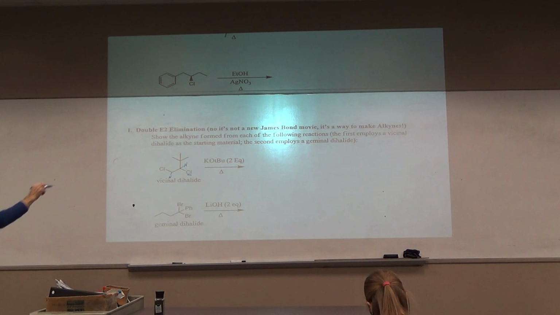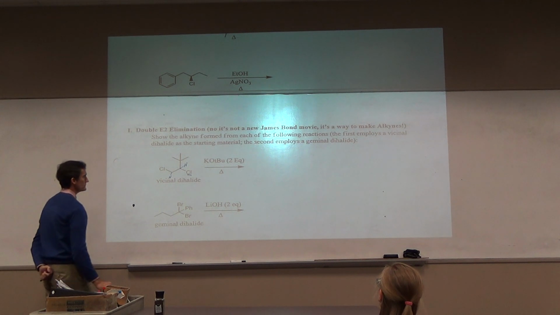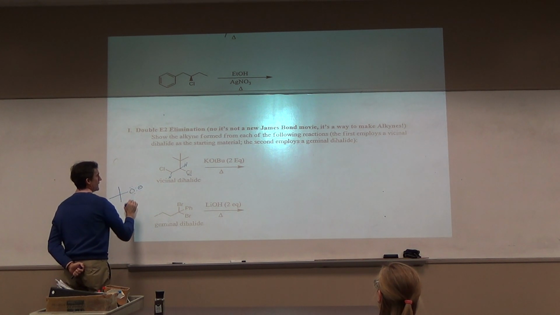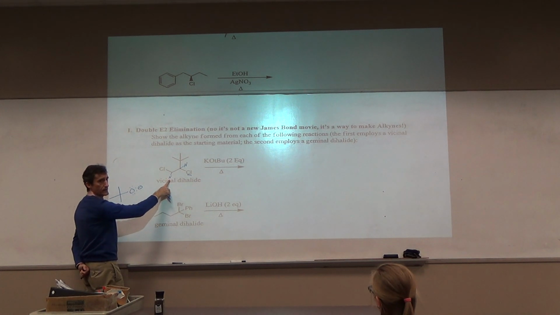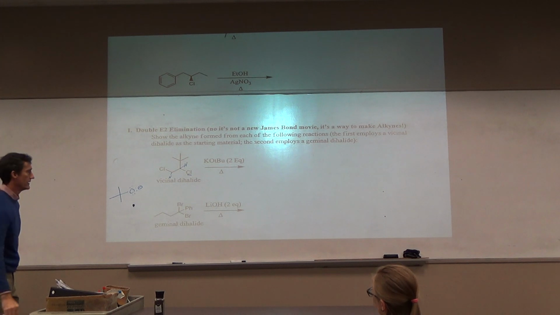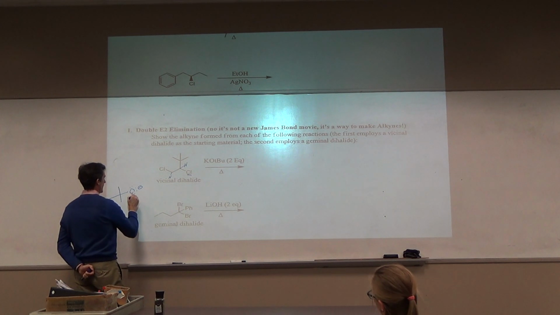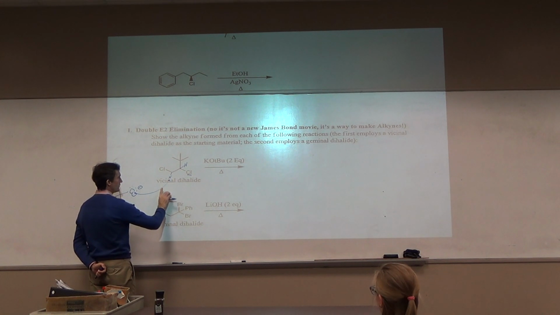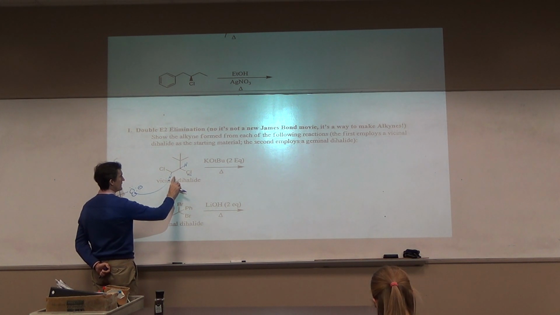Okay, you've got two equivalents of the base. At the very beginning, which H is the base going to take? Any argument you can make? On the bottom left. Why that one? It's more accessible. Yeah. I think so. Take this H. E2, anti-coplanar.